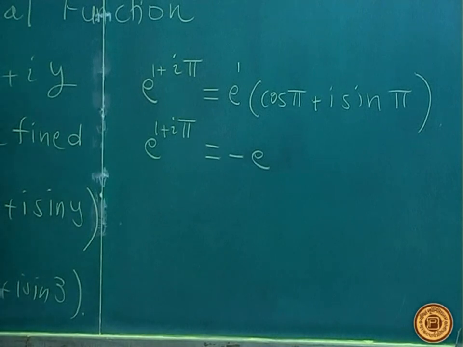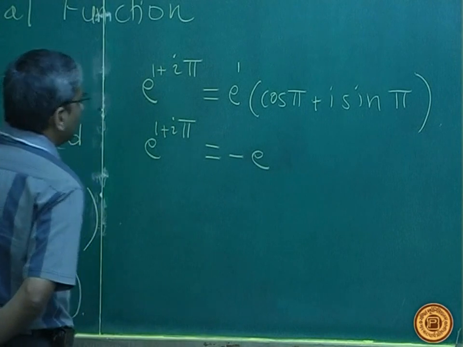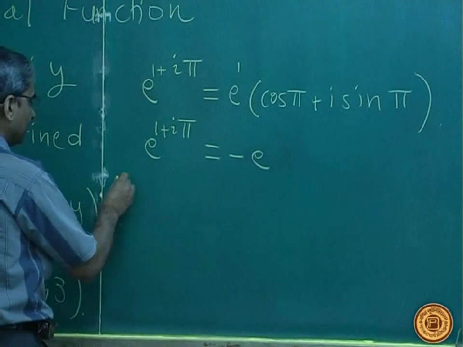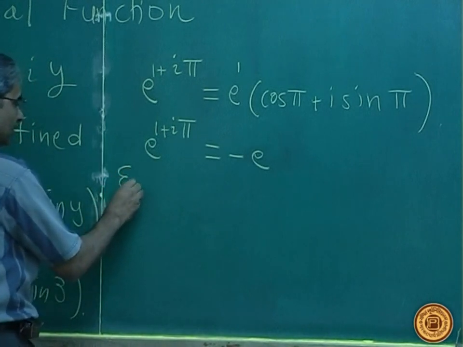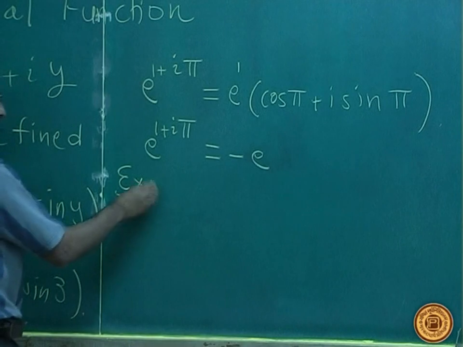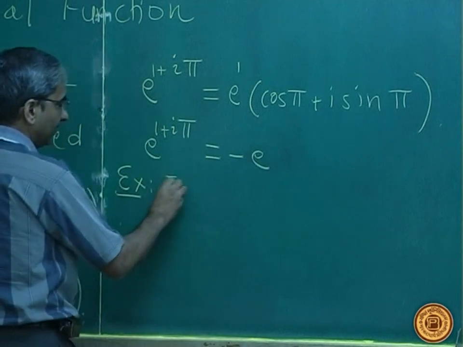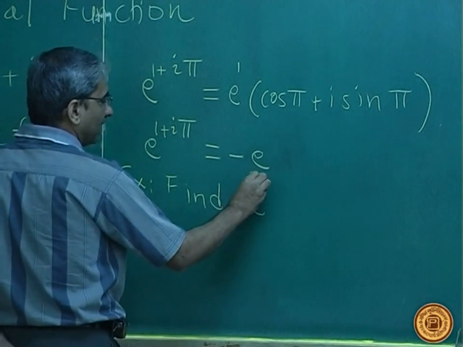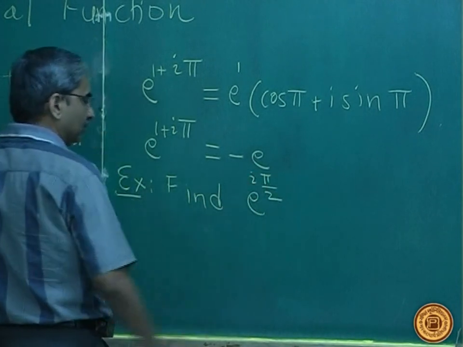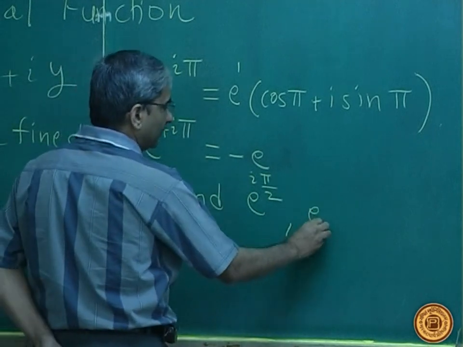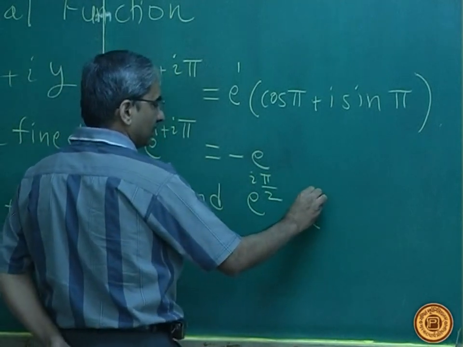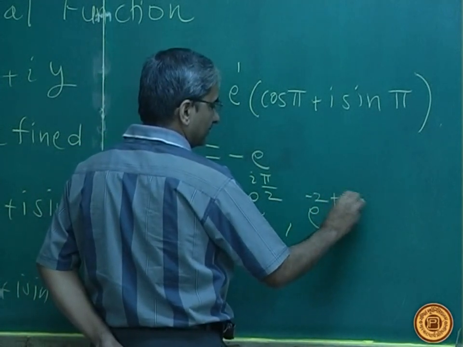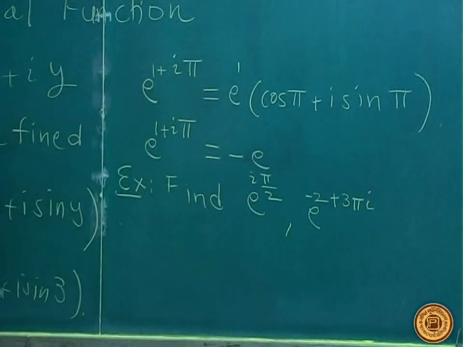So you may find out the value of e to the power z. Use this formula; this exercise you can do later on. Find e to the power i pi by 2, e to the power minus 2 plus 3i, e to the power 3 pi i, like that.